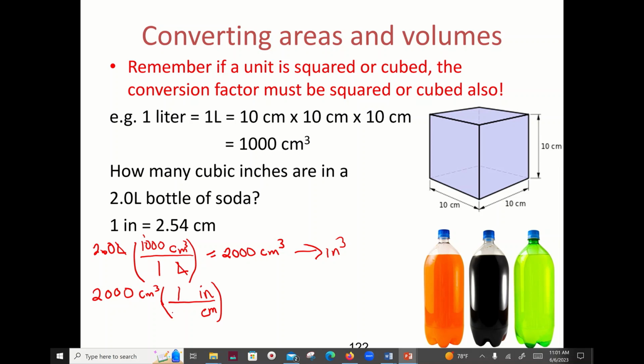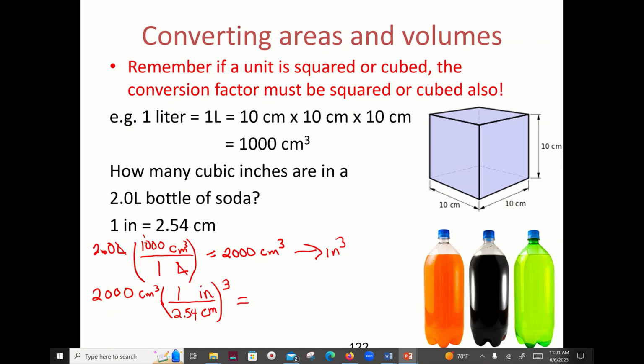So 1 inch is 2.54 centimeters. If I do it just like this, all it's going to do is get rid of one of my centimeters, right? So I'm going to have centimeters cubed divided by centimeters, which is centimeters squared times inches. I have to get rid of 3 factors, centimeters times centimeters times centimeters. So that means I need to cube my conversion factor.